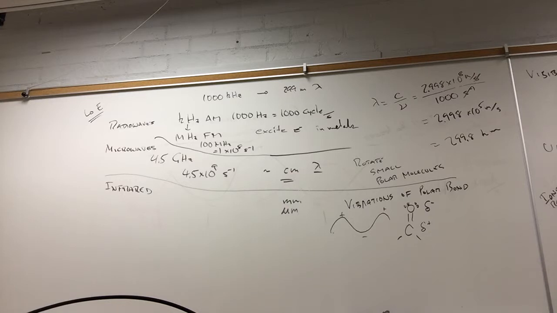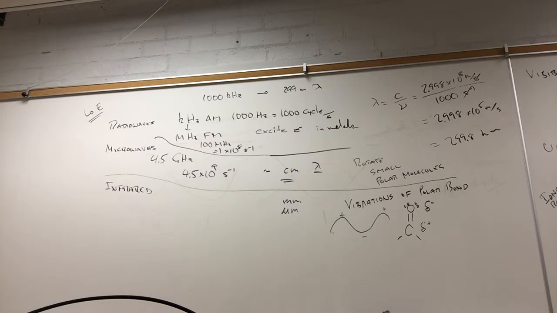Ionizing radiation excites electrons so much that the electrons break off from matter, and we ionize it. And so these are going to have very short wavelengths, extremely short lambdas.